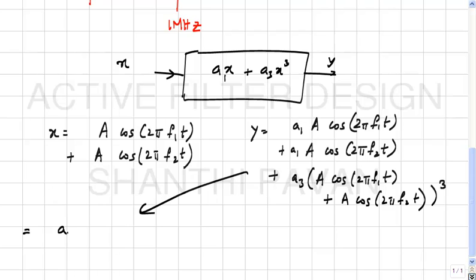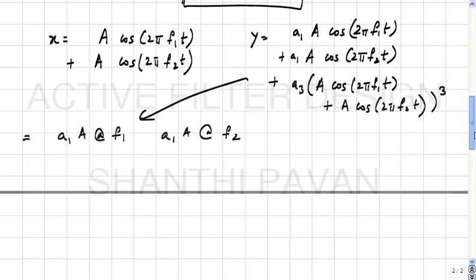and this is nothing but the linear part plus the expansion of a plus b the whole cube, a cube plus b cube and so on. So, if you cube this term, what all components will you get? Cos 2 pi f1 t the whole cube.